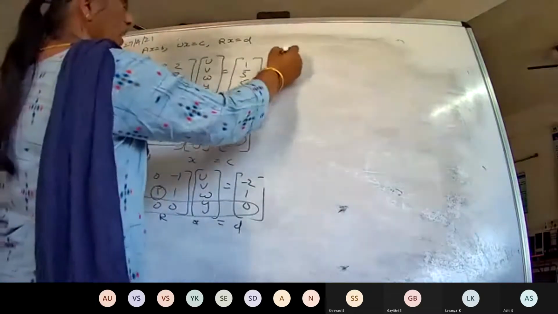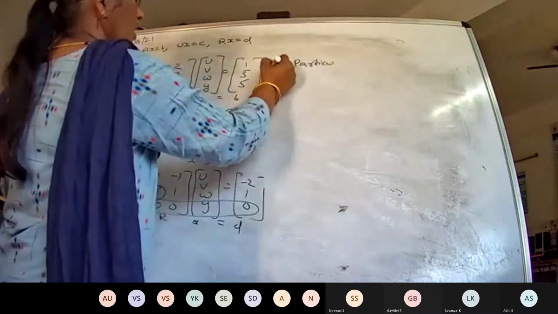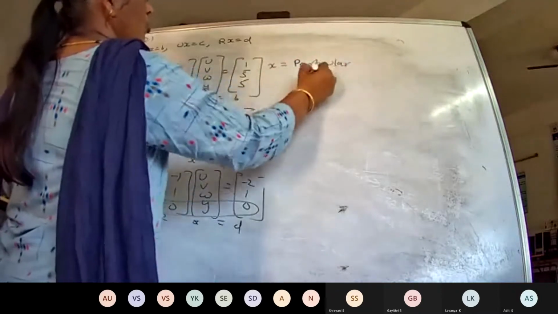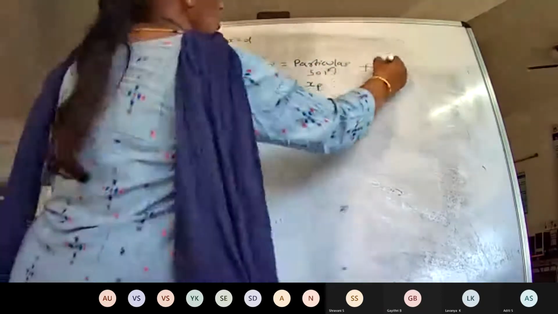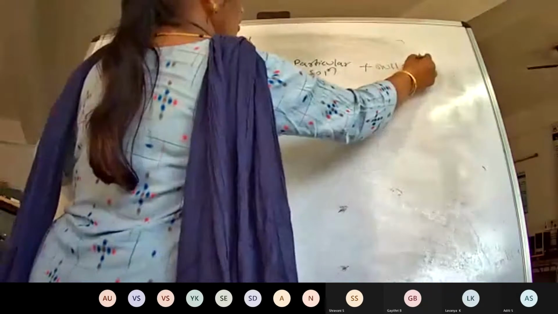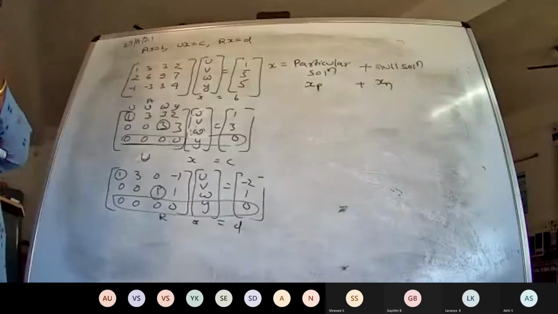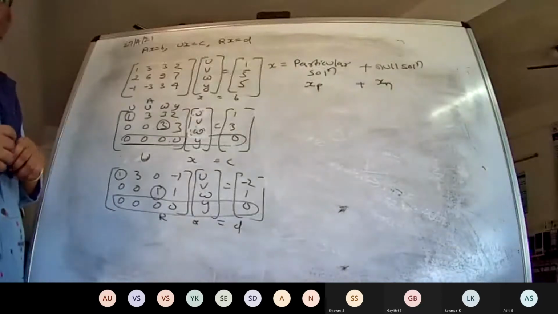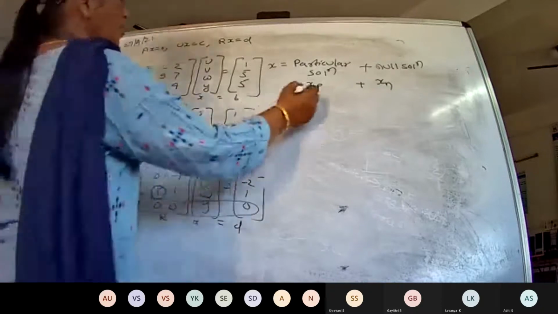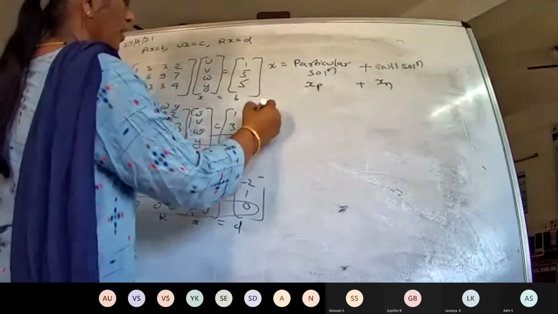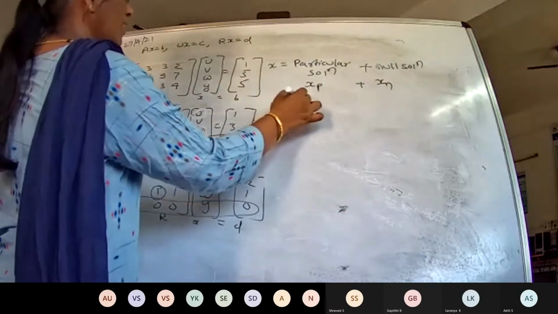Whenever you are solving an equation, you will always have a particular solution, so x equals xp, plus a null solution, from the null space, which we represent as xn. The particular solution comes from substituting the b values, solving Ux equals c.